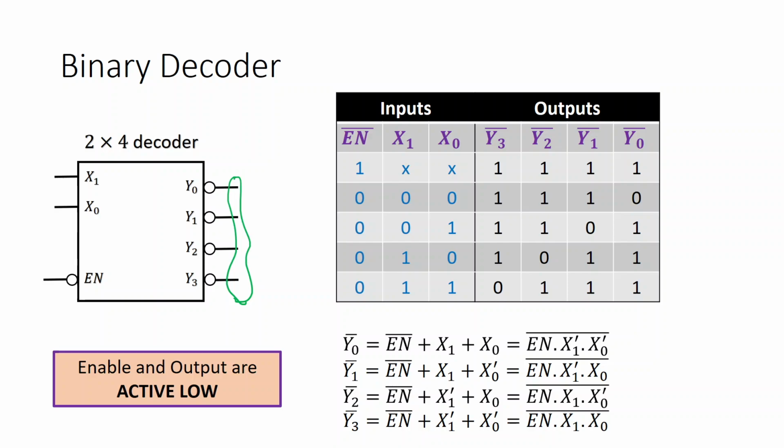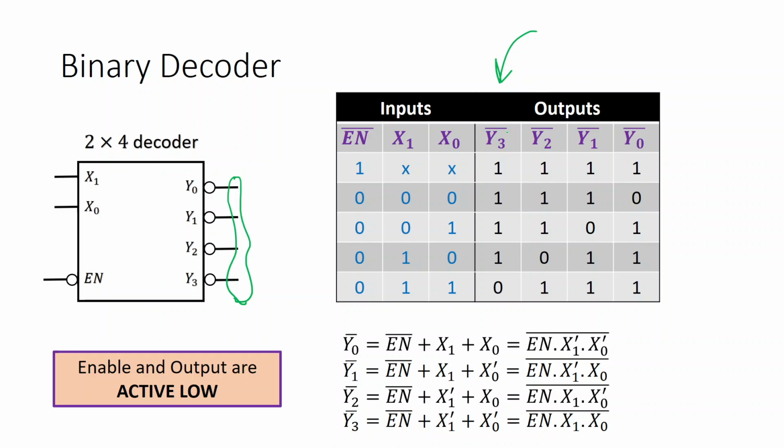Unless otherwise specified, you should consider by default that your signals are active high. But if it is specified as active low, then you have to take care and design your truth table very carefully.